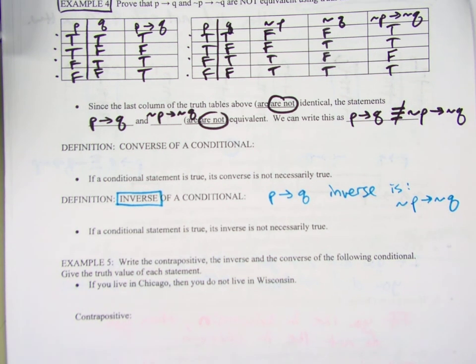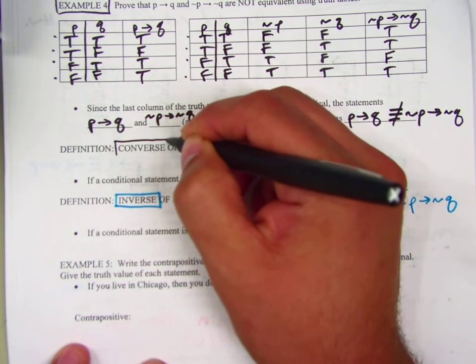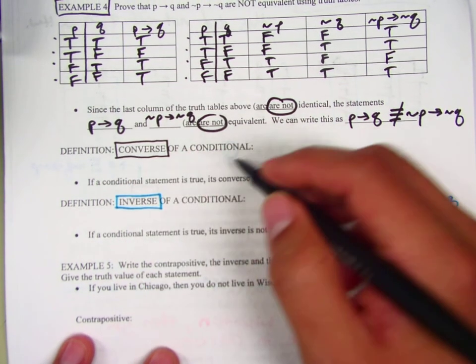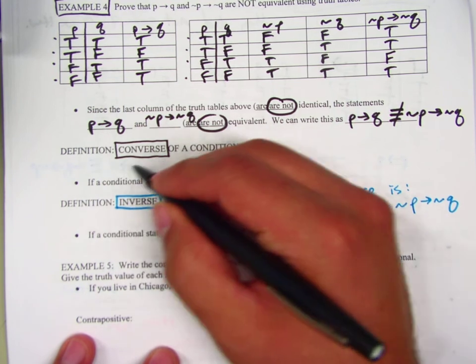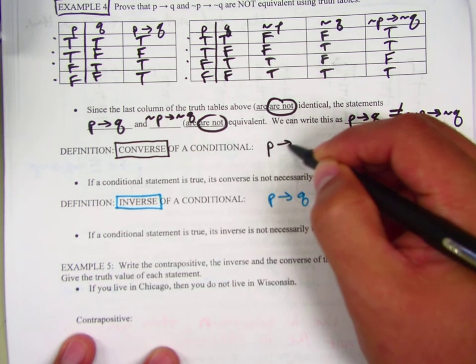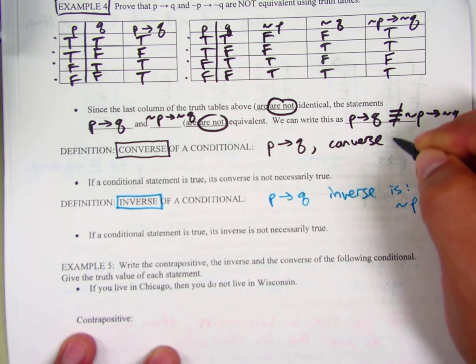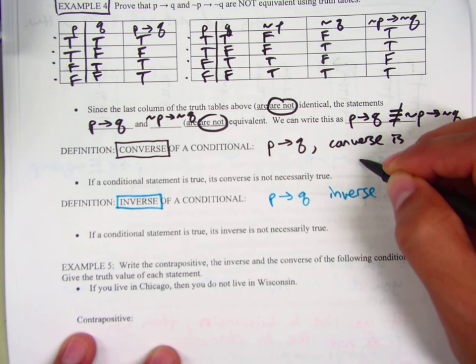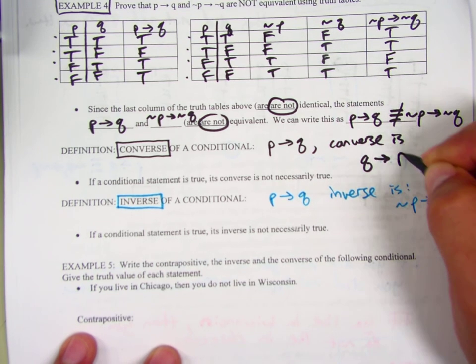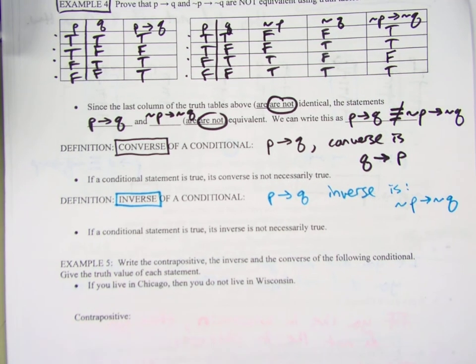The converse, though, is where you switch. So if we have P then Q, the converse is just the reverse. No negating.